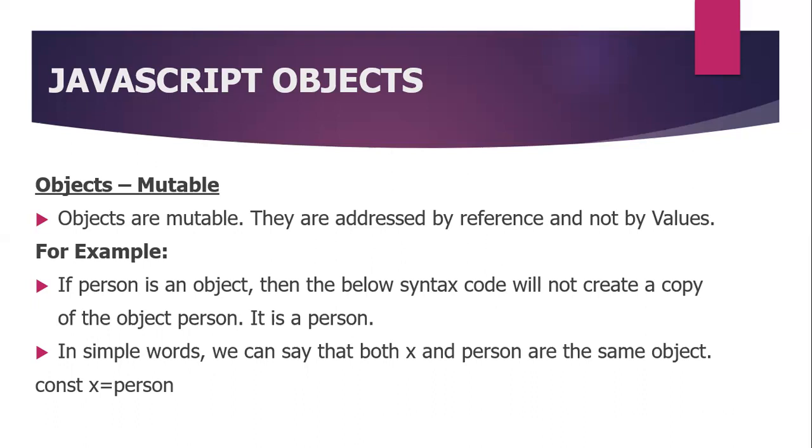So the copied object will have both the value and the address of the object. Here, as an example, both x and person are the same object. I'm creating an object const x and referencing person, which is an already created object. So both x and person will be pointing to the same reference.